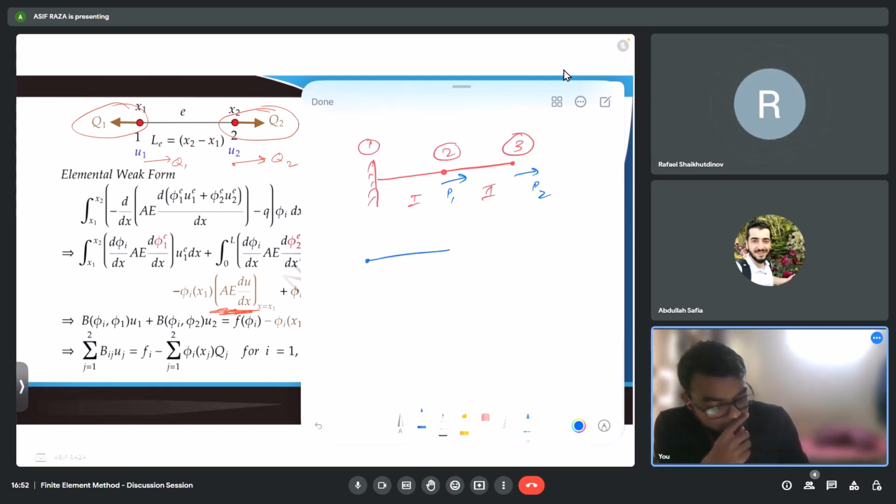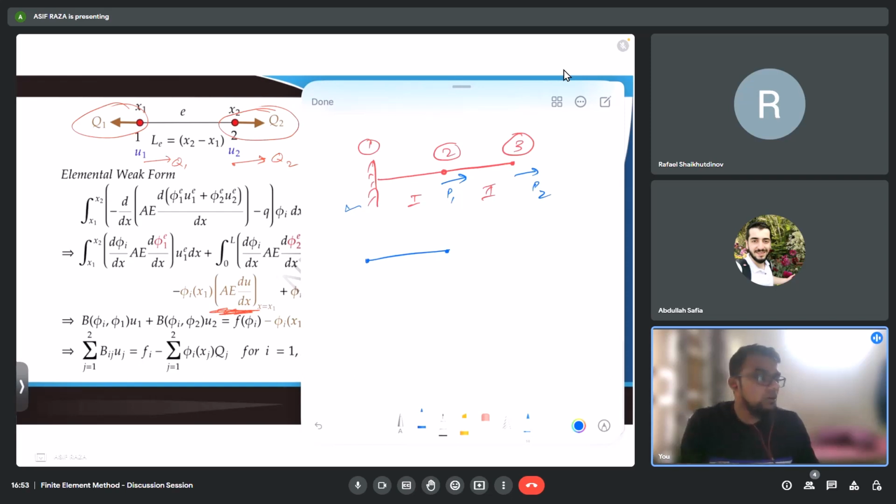So first, when we draw the element, we remove the boundary condition itself. Earlier there was a restriction here.